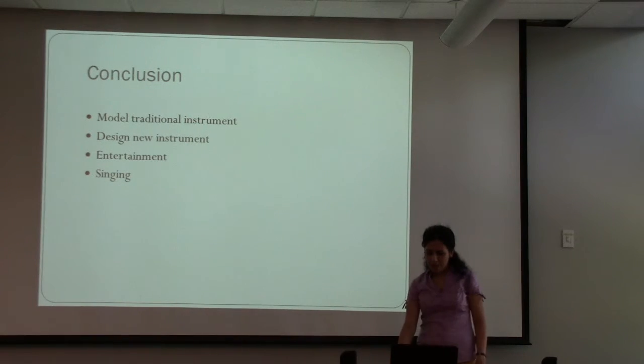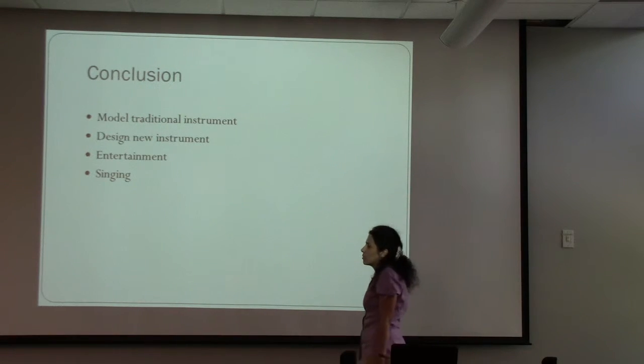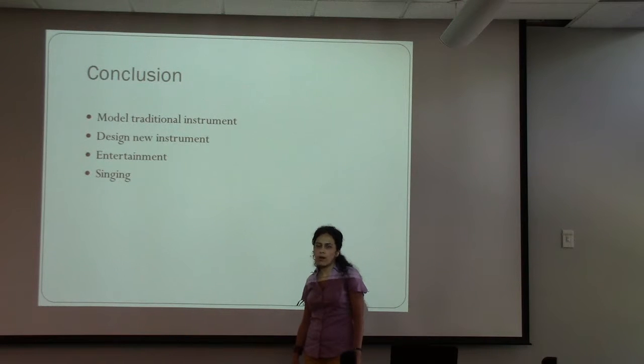We need those traditional instruments. And sometimes it's not possible to have a strange musical instrument, like a saxophone which is, I don't know, 10 kilometers long. It's very strange, but we may want to know how it sounds.